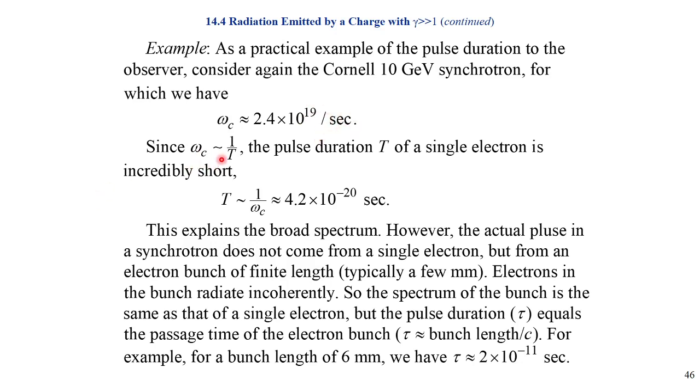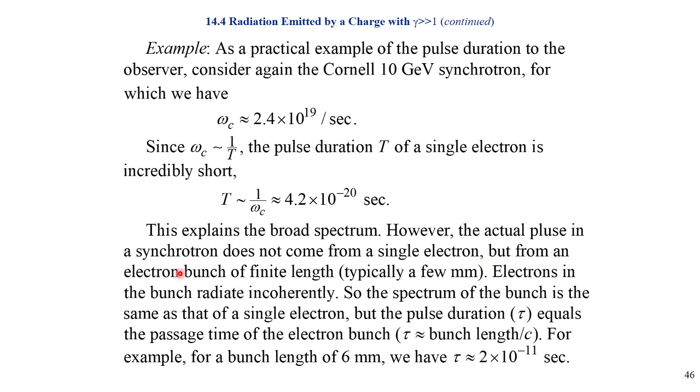Since omega c is 1 over t, the pulse duration t of a single electron is incredibly short, extremely short. This explains the broad spectrum. However, the actual pulse in a synchrotron does not come from a single electron, but from an electron bunch of finite length. Keep this in mind.